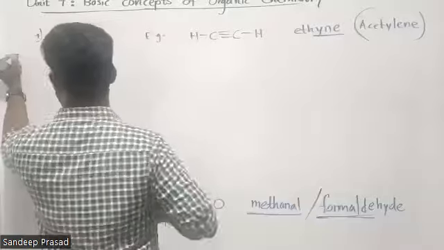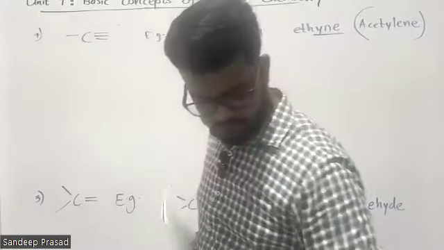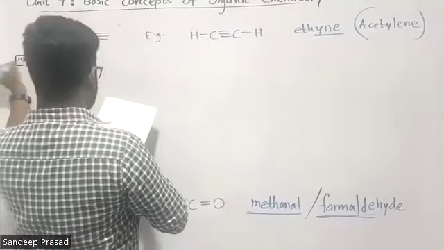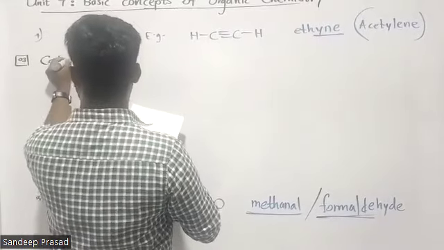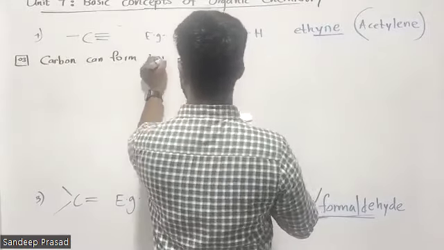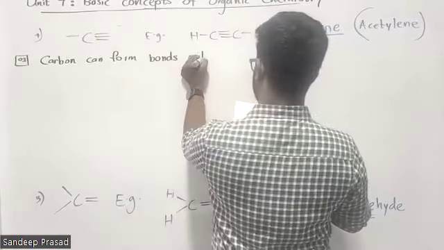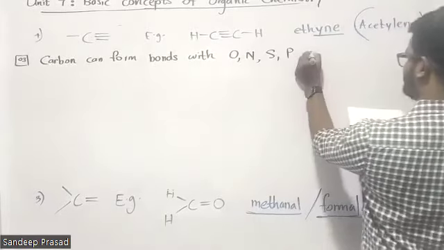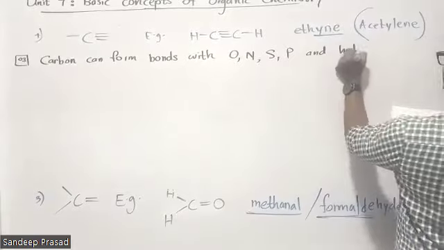Look at the third point they have given. Carbon can form bonds with oxygen, nitrogen, sulfur, phosphorus, and halogens.